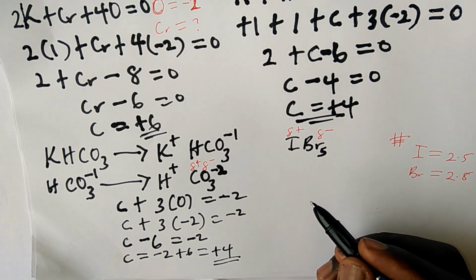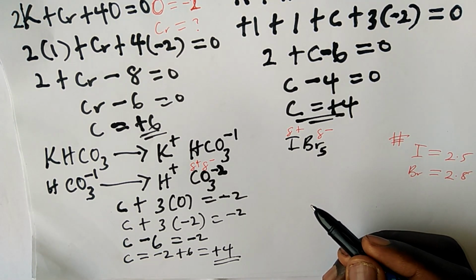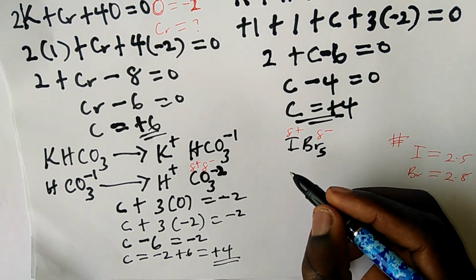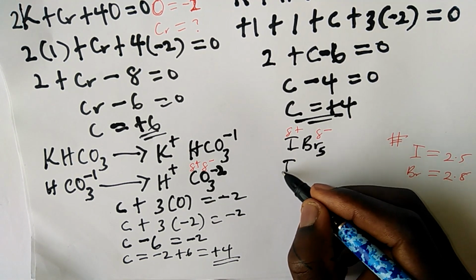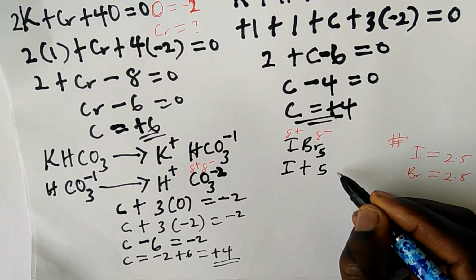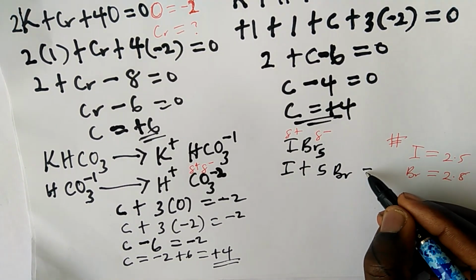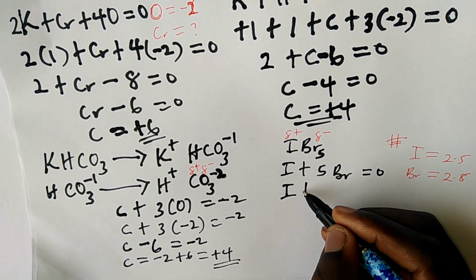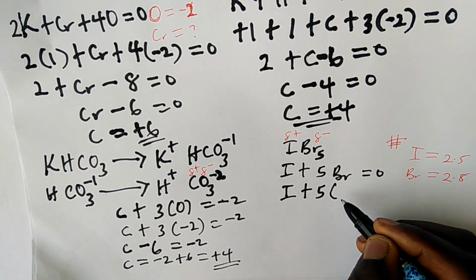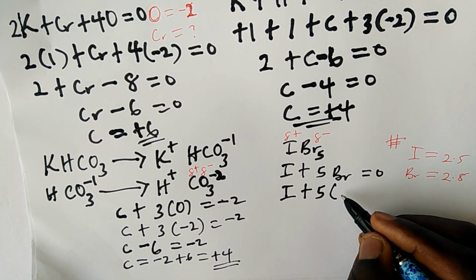Now, we are finding the oxidation number of what? Iodine. So we say iodine plus 5 bromine is equal to 0. So we say iodine plus 5, and we know bromine is a halogen, therefore it carries what?